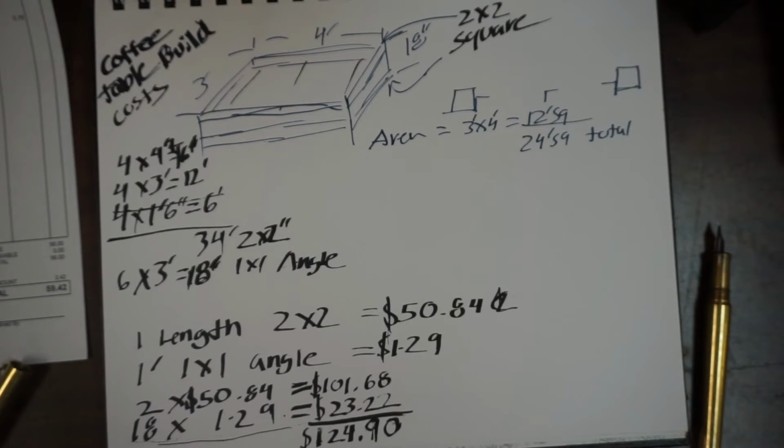And I'm coming over here to Exotics. Purple Heart is $13, not bad. African Padauk is also $13. Let's see if I can get a better deal on that real quick.